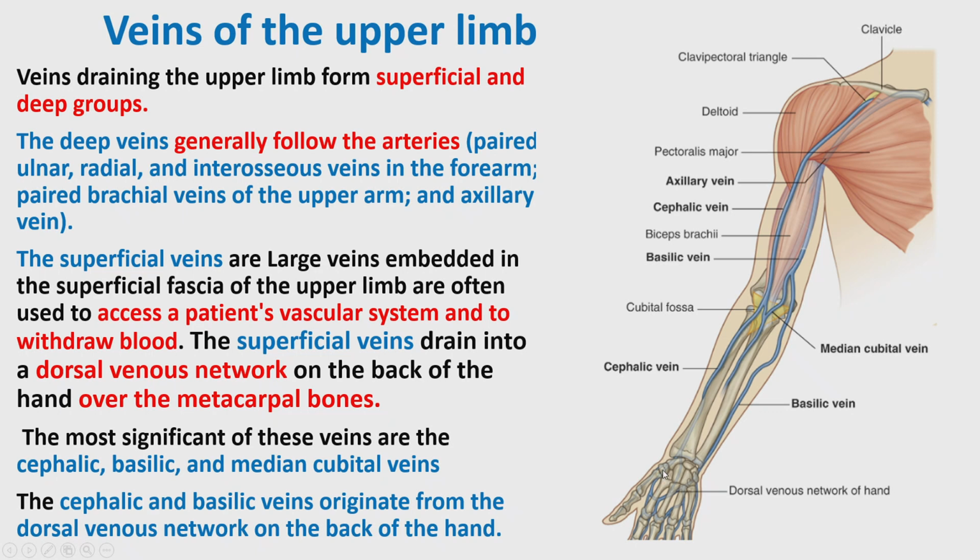On the lateral side, the cephalic vein originates from the venous plexus in the dorsum of the hand, the same as you had in the dorsum of the foot. Here is the dorsum of the hand. On the lateral side, from the dorsum of the hand, from the snuff box place, the cephalic vein originates. It goes anterolaterally to the cubital region.